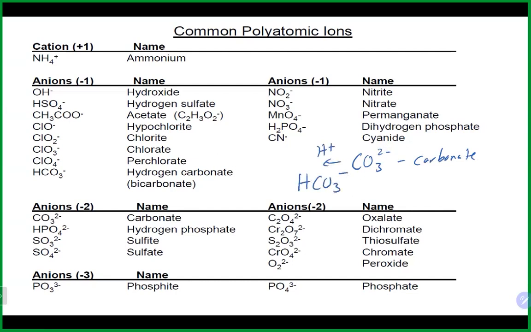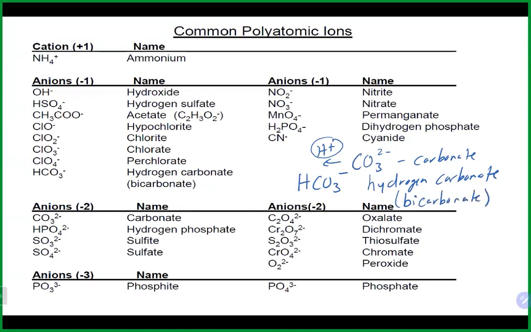The charge changes because it's +1 -2 and ends up as a -1 charge. I essentially put hydrogen in front of it. So this is what is known as hydrogen carbonate, and it's also historically and very commonly called by bi instead of hydrogen. This is what is known as bicarbonate.